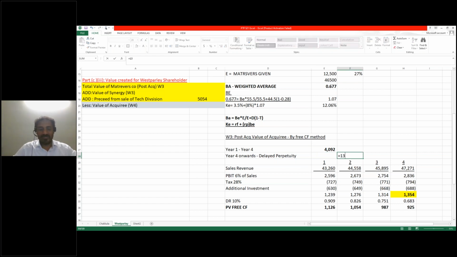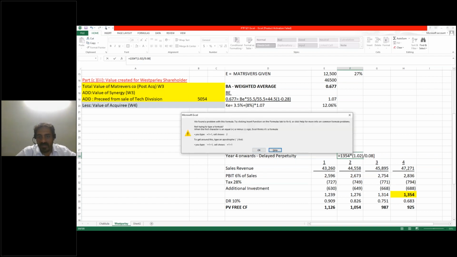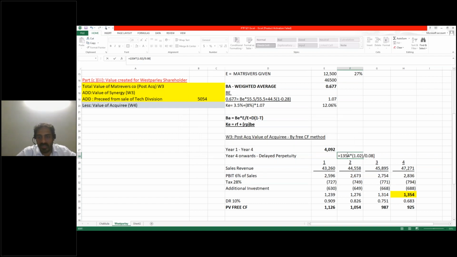Is equal to 1354 multiply by 1.02 divided by 0.08, and that is simple perpetuity. You can work out with a manual workout, no worries about that. And then multiply by 0.683.